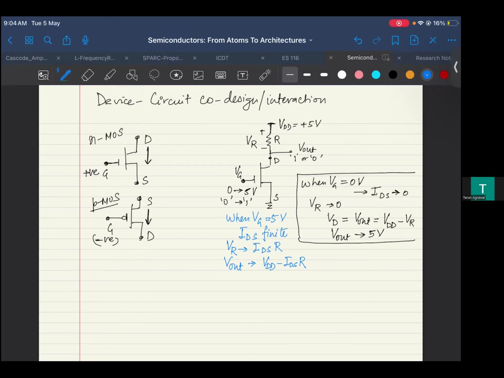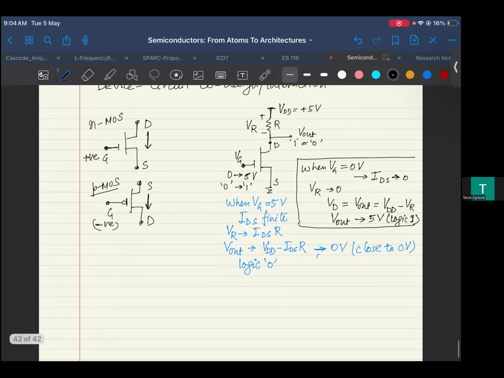If this IDS is very high, your V out could be very close to 0 volt, not 0, but close to 0, which in logic terms means a logic 0. This was logic 1. So you started with logic 1 on the gate, but got logic 0 on the drain, right?